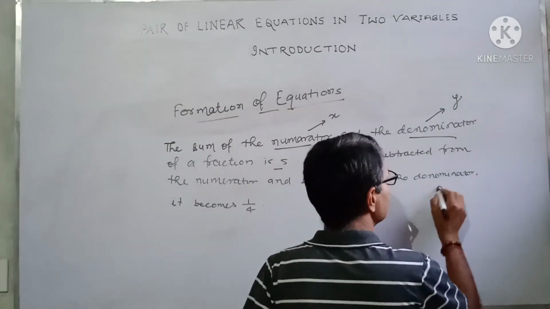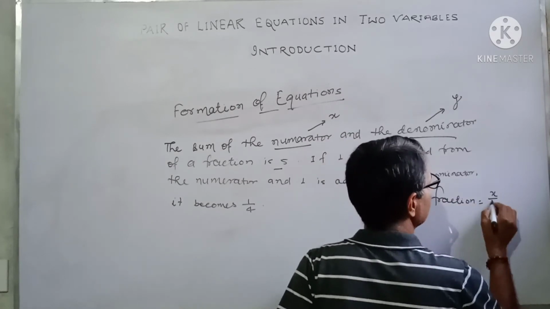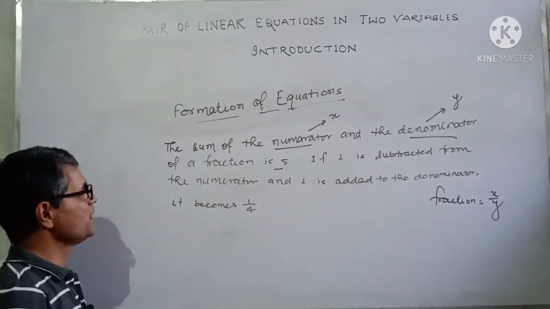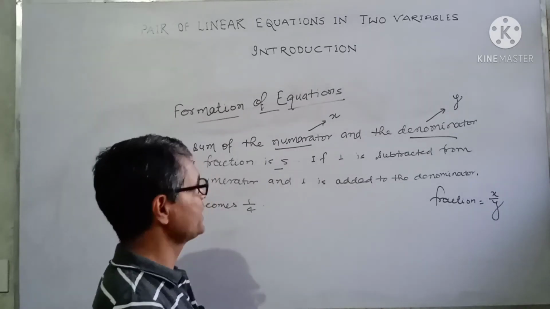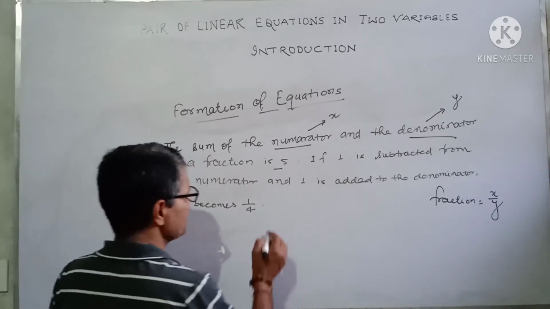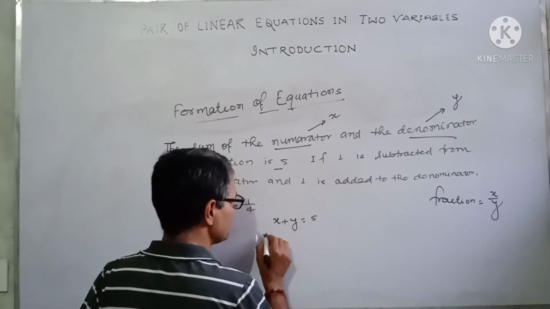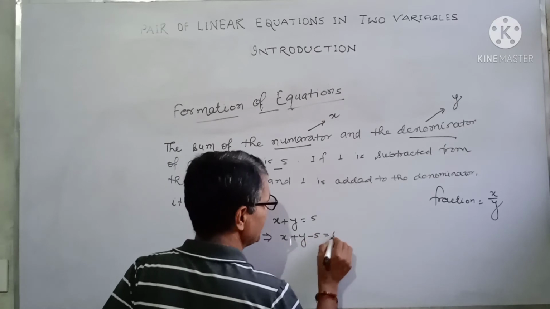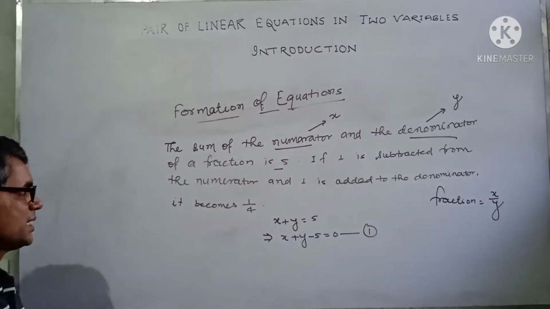Then the fraction will be x upon y. According to the given condition, the sum of the numerator and the denominator is 5. That means x plus y is equal to 5, or x plus y minus 5 is equal to 0. This is your first equation.